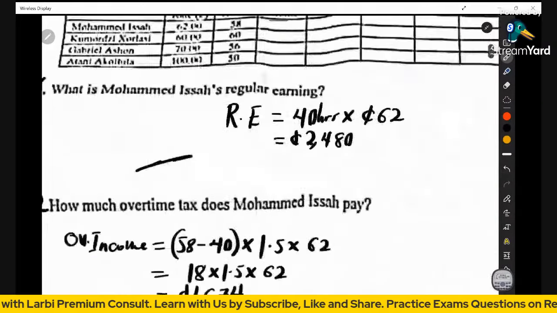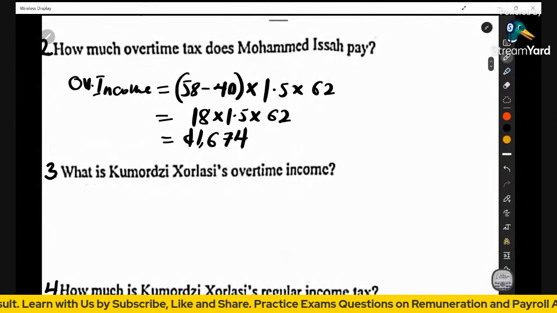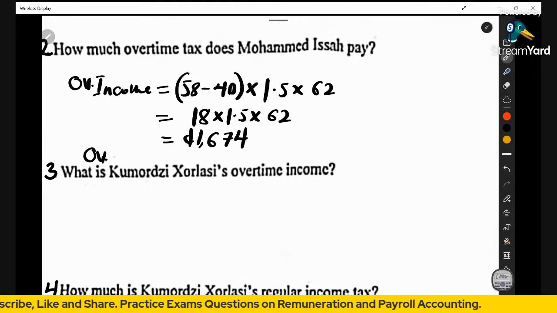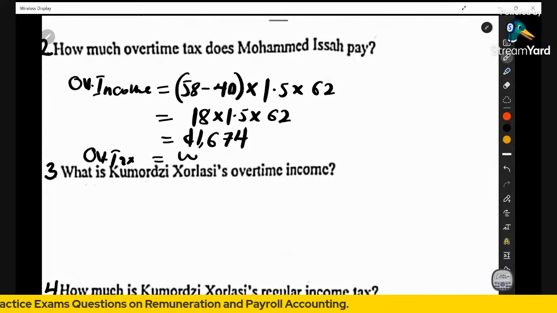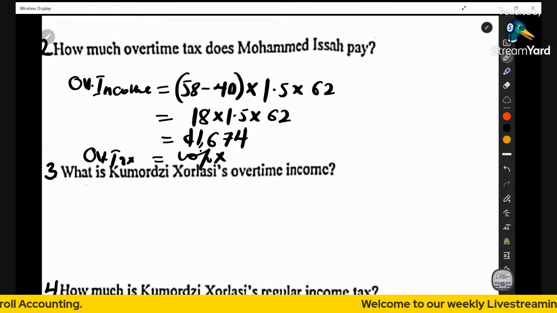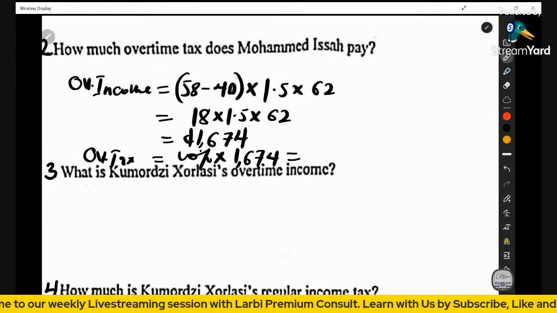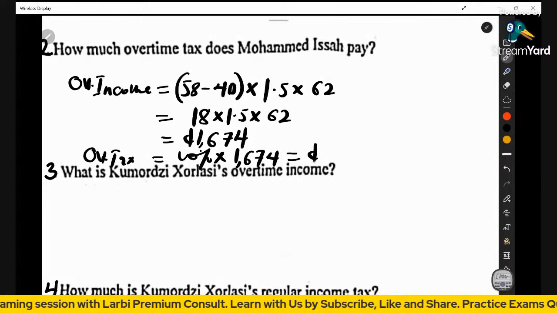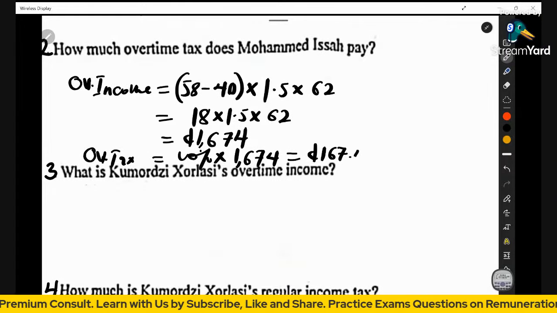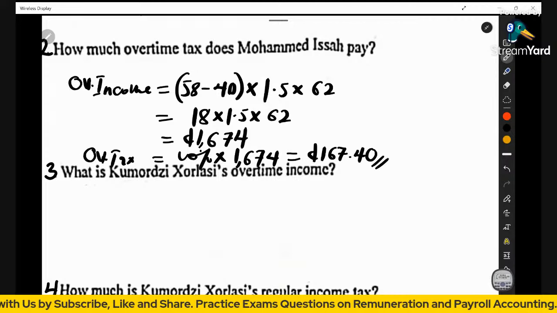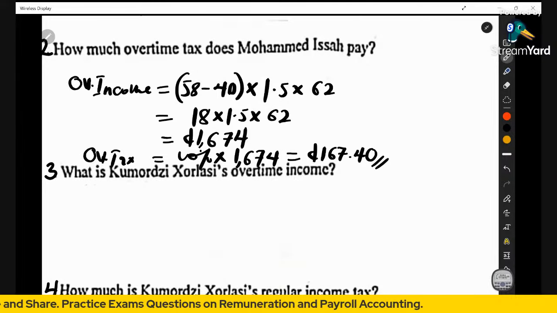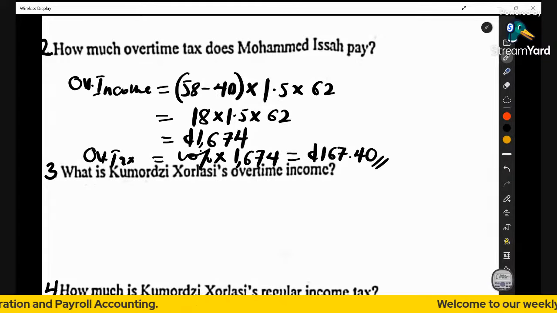So for us to determine the tax for Mohammed Isa, the overtime tax amount should be equal to 10% multiplied by the overtime income earned by Mohammed Isa, and that was 1,674. When I computed that with my calculator, I had a figure of 167.40 as the overtime tax that Mohammed Isa will pay on his overtime income at the end of the day. So let's take note of that.